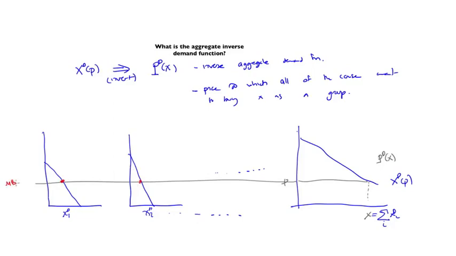Has a marginal benefit, this is for person 1, equal to P, a marginal benefit for person 2 equal to P, etc. The only exception for which the marginal benefit is not the price is for a consumer that looks like this, for whom at that price the demand is 0. So for this particular individual, let me call this person N, the marginal benefit for N is less than P at 0. Okay? But for everyone else that is consuming something, the marginal value of consuming an additional unit is positive and equal exactly to the price.